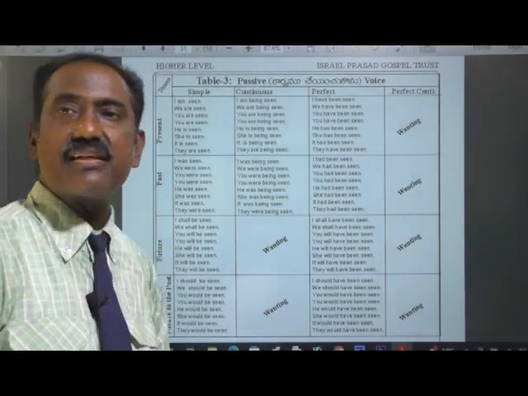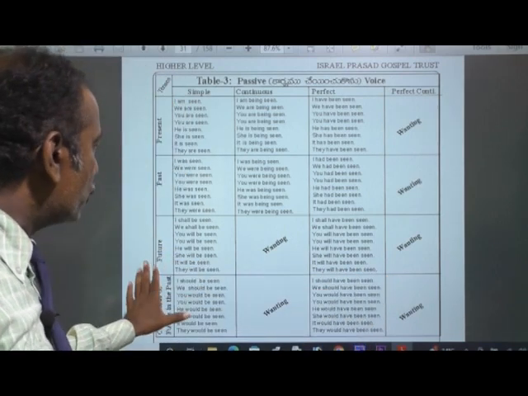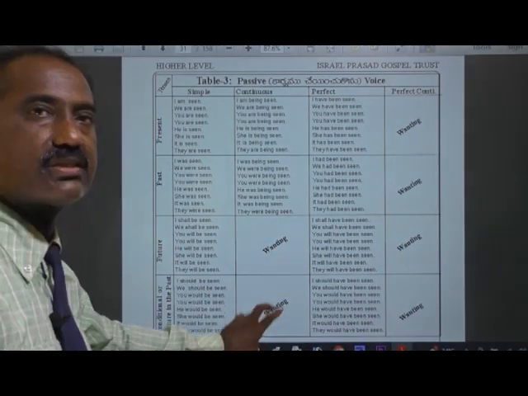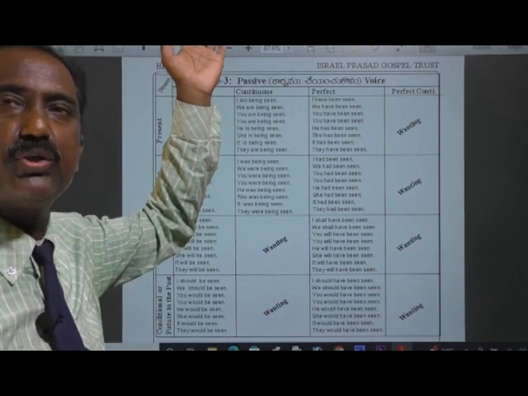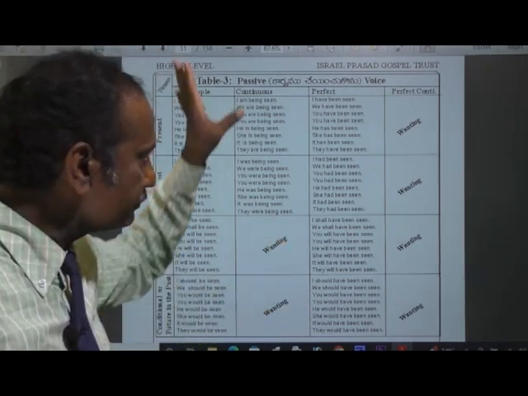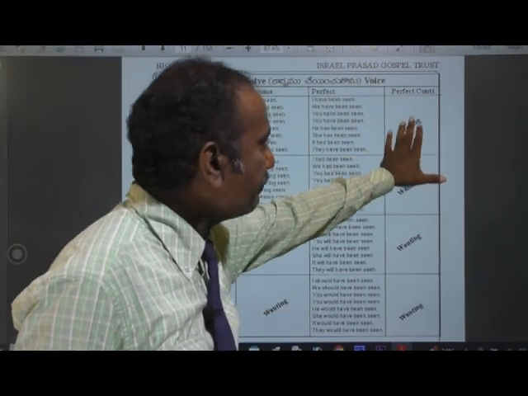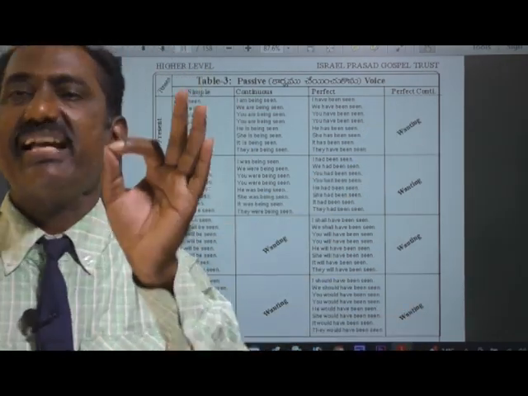Passive voice is not for all tenses. For future continuous and conditional continuous there is no passive voice. You need not use it. In olden days people used it, but there is no use. It is removed in modern English. And for all perfect continuous tenses there is no passive voice.